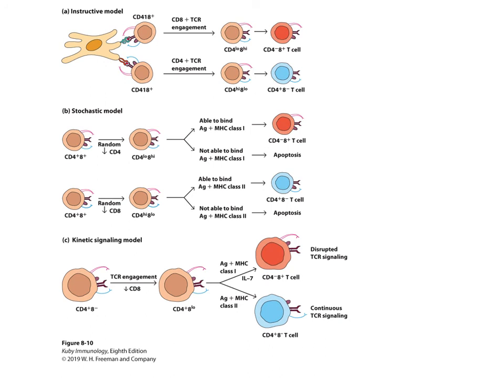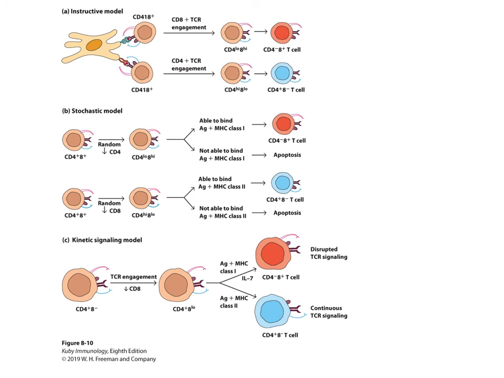Those signals instruct the T cell which lineage to fully commit to, and depending upon those unique signals, it would end up yielding a different single positive cell.